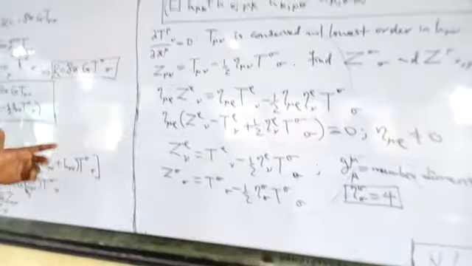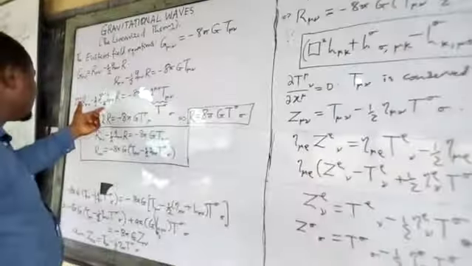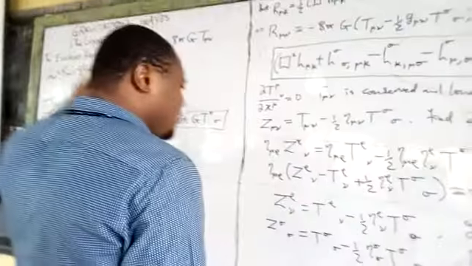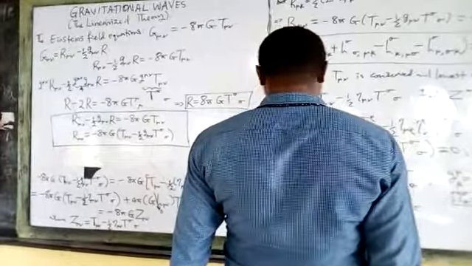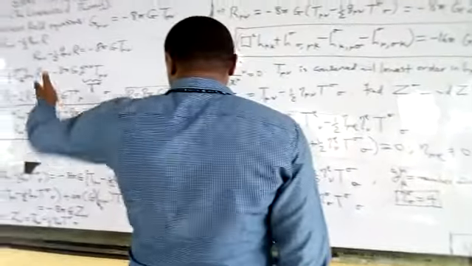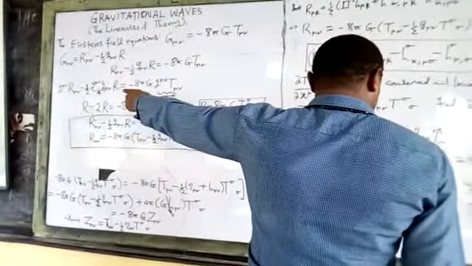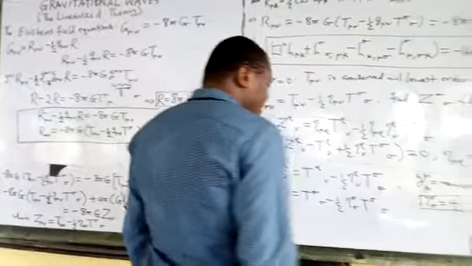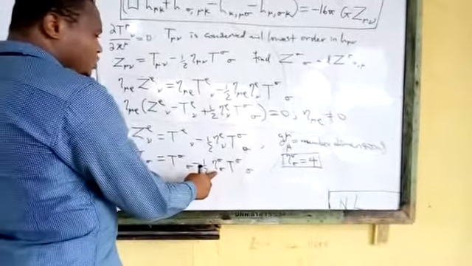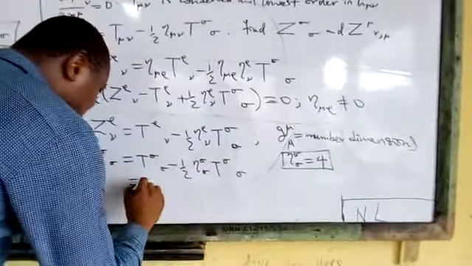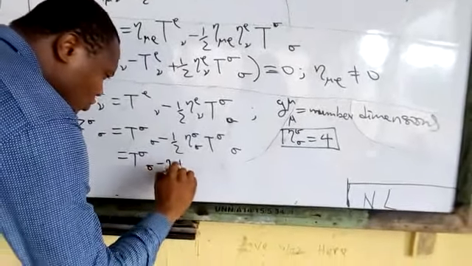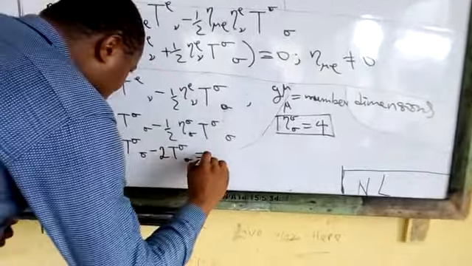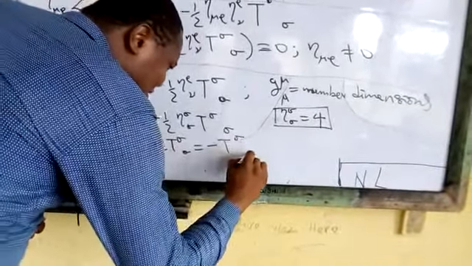Of course, it's the same thing we had before, although it may be a little bit different when you consider how we came about that. But it's all the same thing because it's still the same contraction we did over there that we are doing here. Now, in this case, if I have this to be equal to 4, this gives me T sigma sigma minus, this is 2 sigma sigma, so this is minus T sigma sigma.